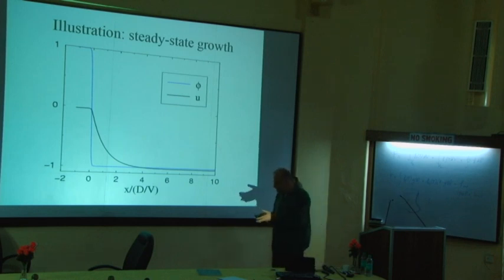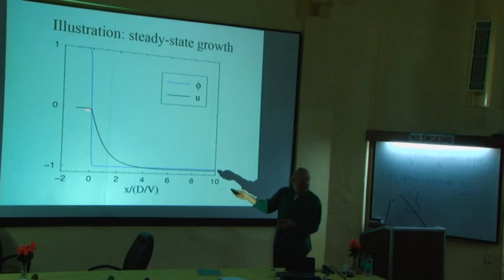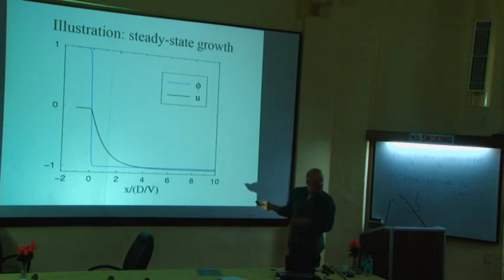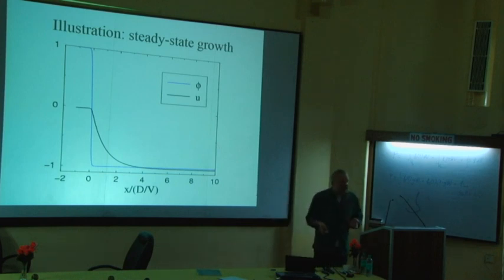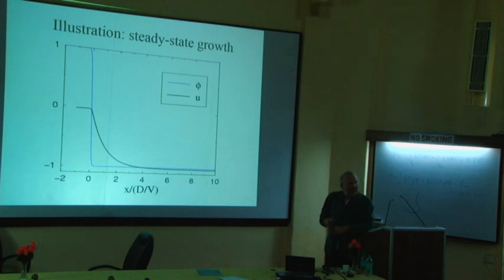You find that the temperature is constant behind the interface and that there is an exponential profile before the interface. And this exponential profile has a characteristic length scale given by D over V, diffusion constant divided by the velocity, which is called the diffusion length. So in this problem here, the outer scale is the diffusion length.